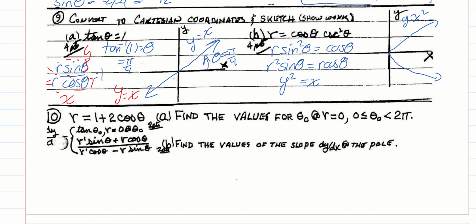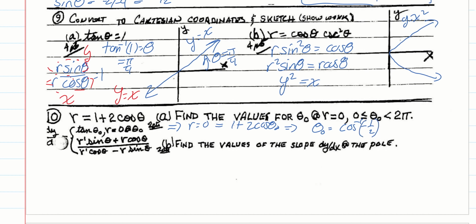So let's find the values for theta naught where r equals 0. We set r equal to 0 for that first equation, which equals 1 plus 2 cosine theta. We're going to call it theta naught, which means theta naught is going to equal cosine inverse of negative 1/2.